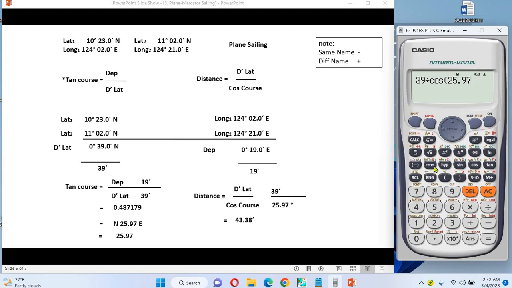Because it is course, it should be in degrees, and then close parenthesis and cosine, yes, equals, boom, 43.38. So there you go. So the distance is 43.38. That's for plane sailing, so the same answer. Plane sailing by a mathematical formula.